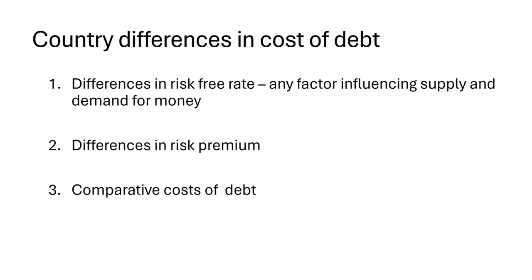All those things that go into my credit rating. Let's say I have a better credit score than you do. The higher my credit score, the less risk is involved. So the premium on my loan may be lower than the premium on your loan. All right. So the premium will be different from company to company, from country to country.